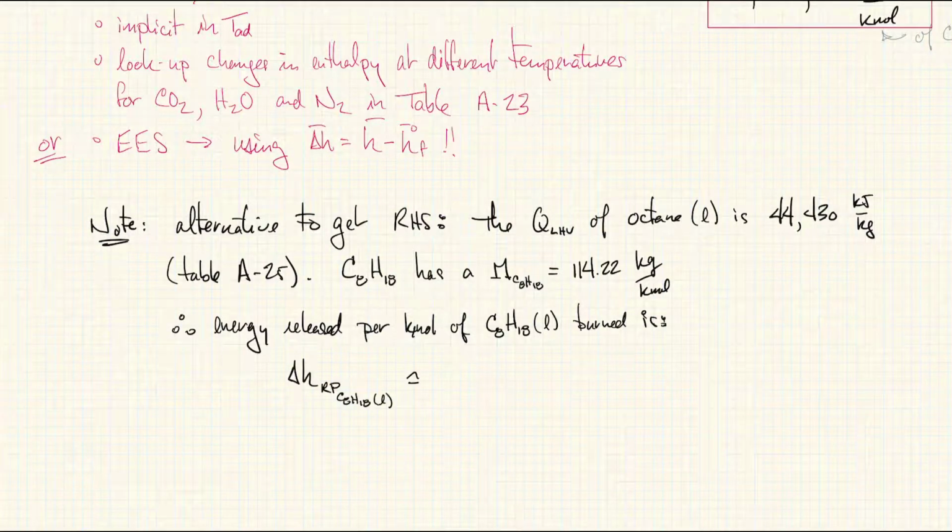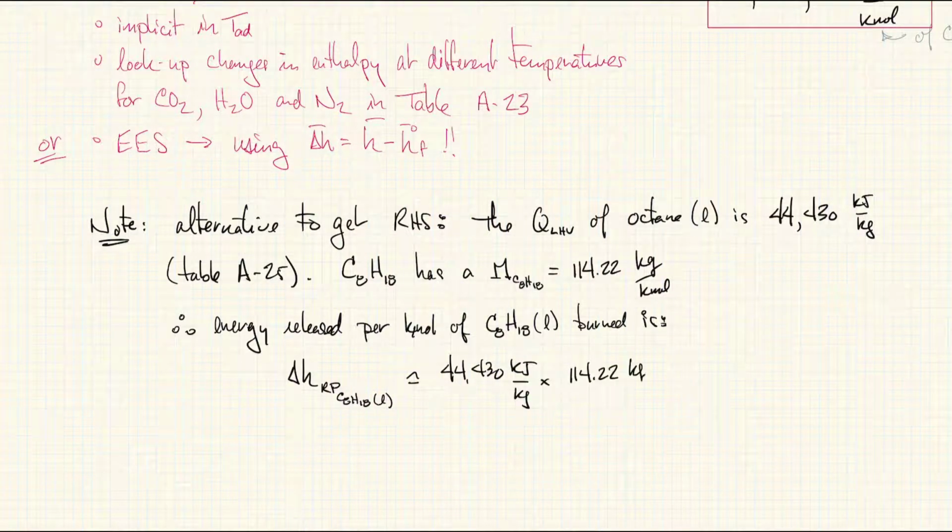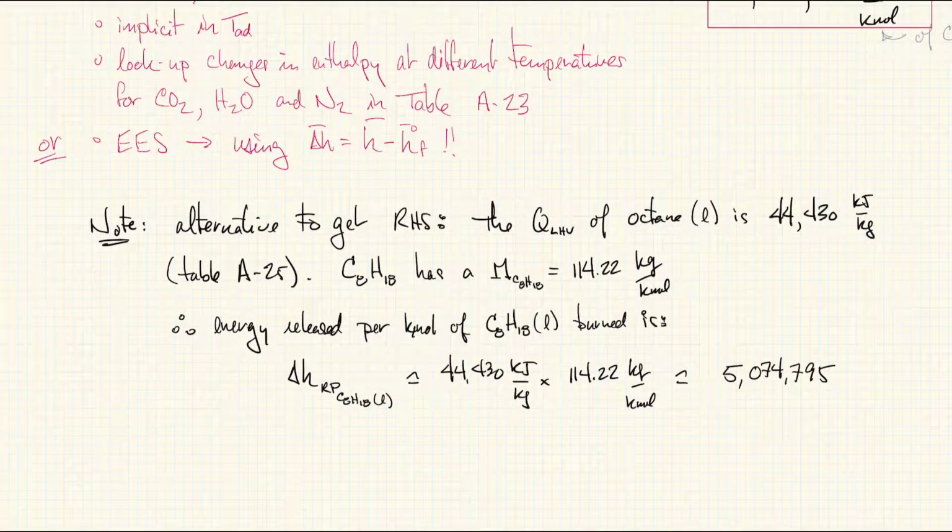But here, for the lower heating value, the value for octane is 44,430 kilojoules per kilogram. You're going to find that for most hydrocarbons around the 40 to 50,000 kilojoules per kilogram range. You can get that from a bunch of tables on hydrocarbons and on engine fuels specifically, but that's what that is. Furthermore, C8H18 has a molar mass of 114.22 kilograms per kmol.